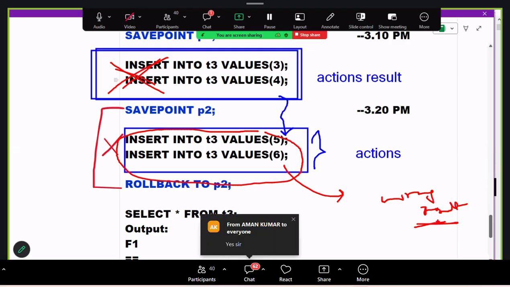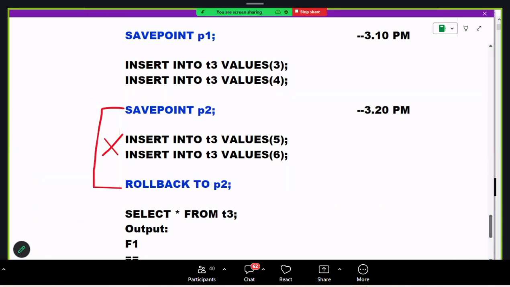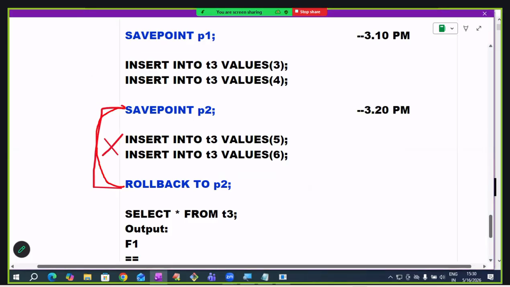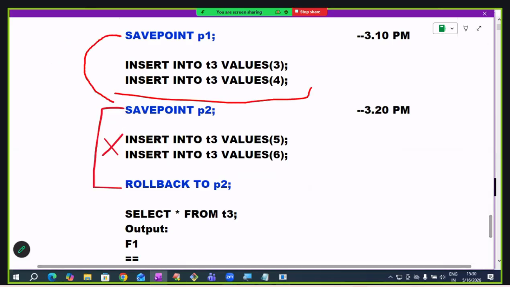Remember this. It is because a transaction is a series of steps, a step-by-step procedure. Sometimes we need to follow order also. That is why we cannot cancel middle actions like P1 to P2. Impossible. I can cancel up to P2 or I can cancel up to P1. But can we cancel actions between P1 and P2? Impossible.